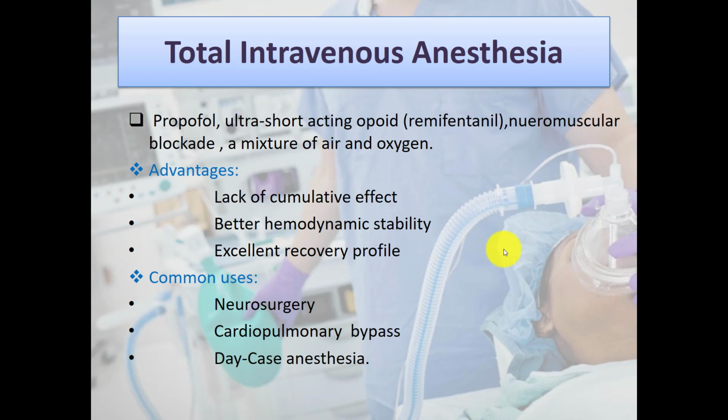Basically, the intravenous agents are used for the induction as well as for the maintenance of anesthesia. Routinely, an intravenous agent is used for induction, but for maintenance of anesthesia, inhalational agents are routinely used. But in total intravenous anesthesia, we use intravenous agents for both induction and maintenance. And how do we achieve this?